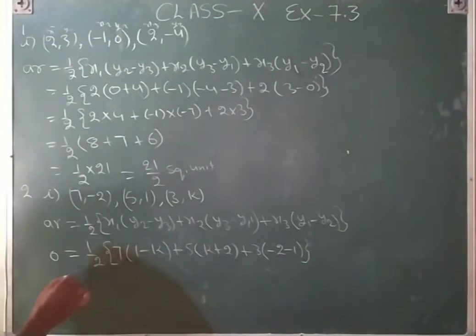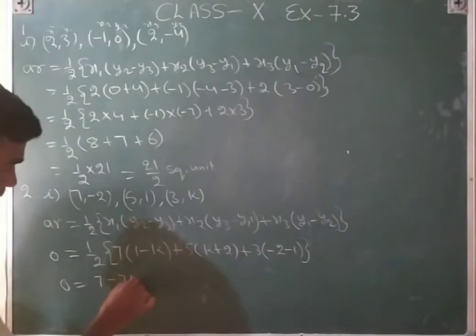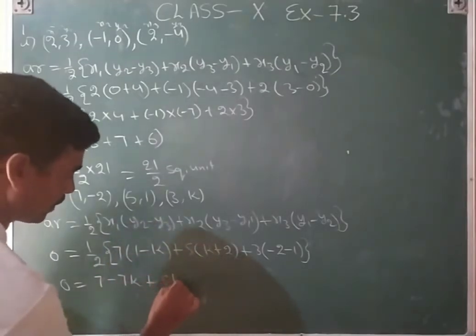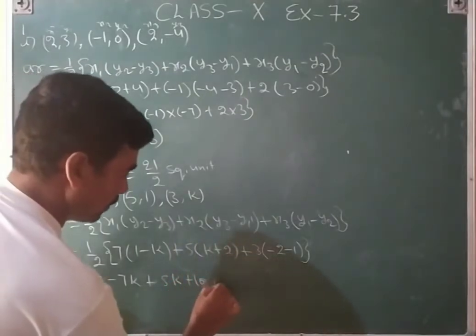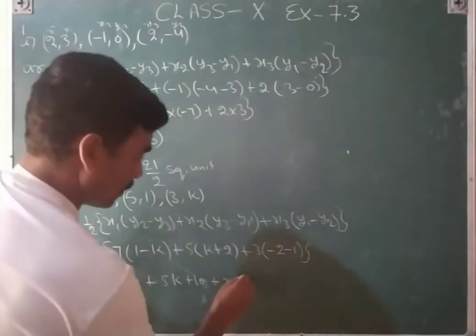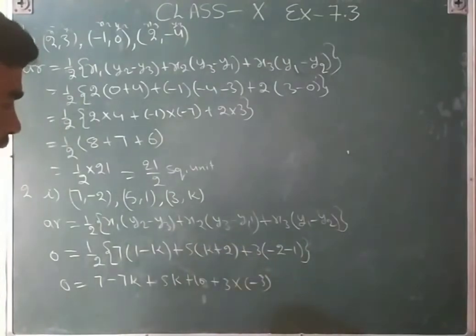Then after that this side will be 0. So that will be 7 minus 7k, plus 5k plus 10, and then plus 3 multiplied by minus 3.